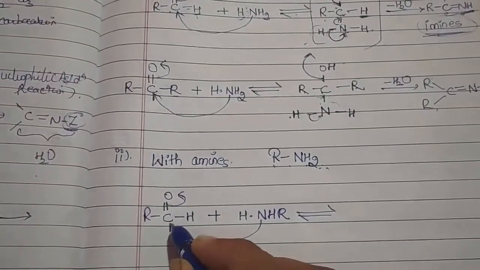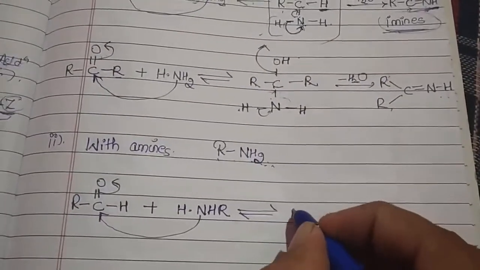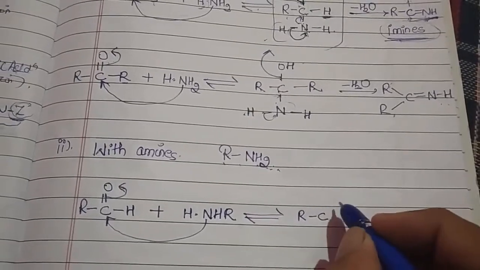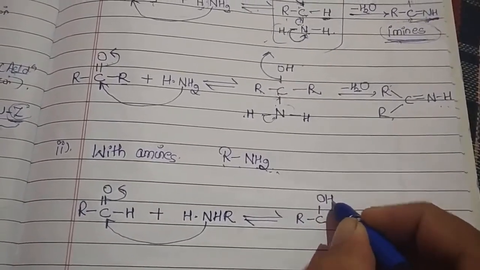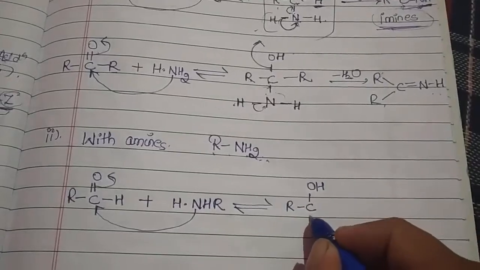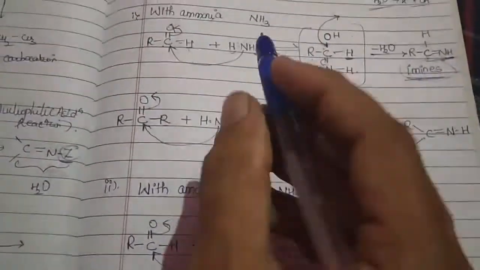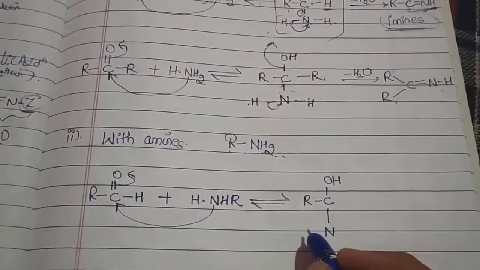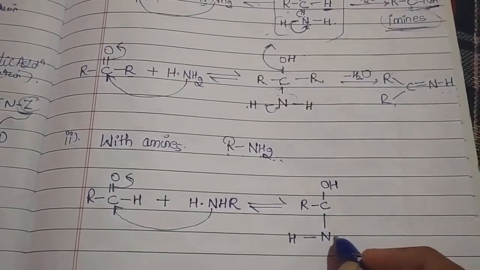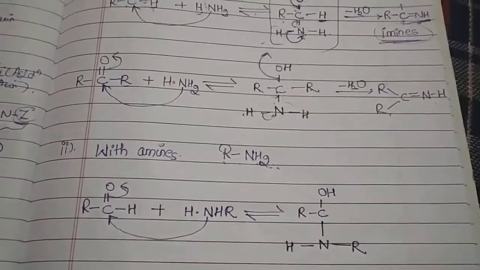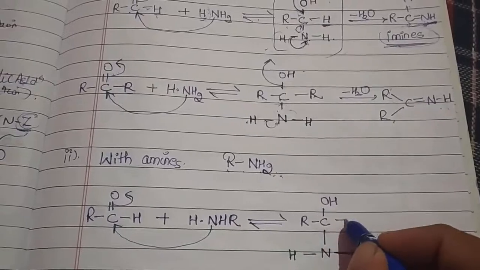Nitrogen is going to attack this carbonyl carbon. So you're going to get R C O H. So no, see, pay attention. In ammonia we were having NH2. Now here we are having one as H, another as R. Yes or no? And as usual, one more H.